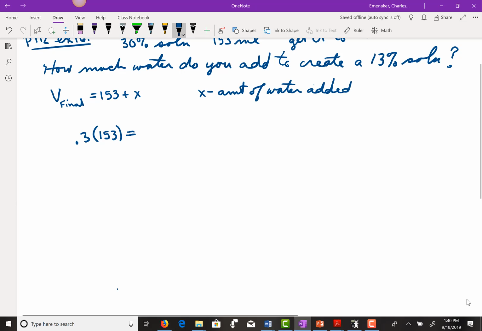So what's going to wind up happening is, after we add the water, it's going to be a 13% mixture. And how much volume are we going to have in this new pot of the solution? Or bottle, whatever you're mixing it in.